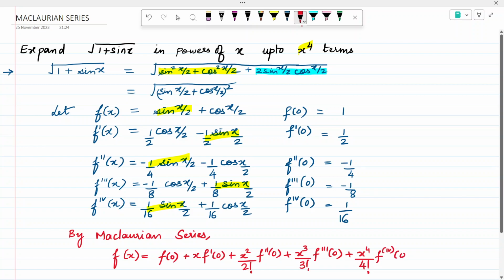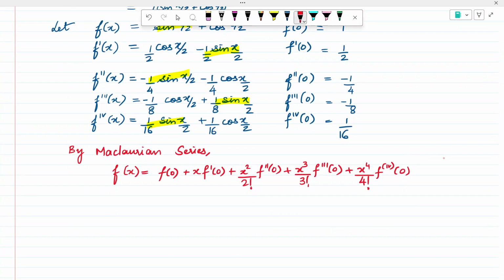It actually goes up to further, but then we require it only up to x raised to 4. Okay, so we may write Maclaurin series up to x raised to 4.